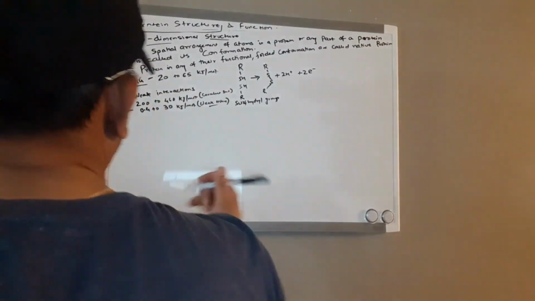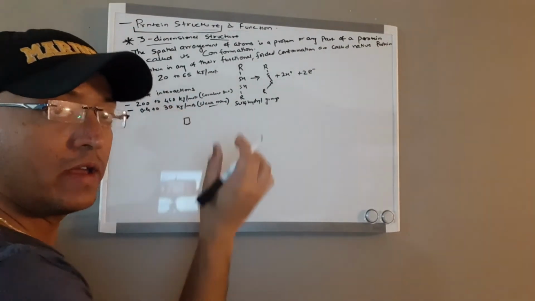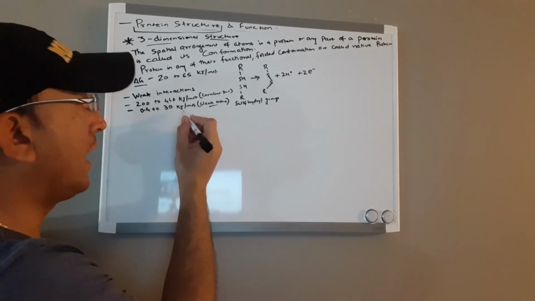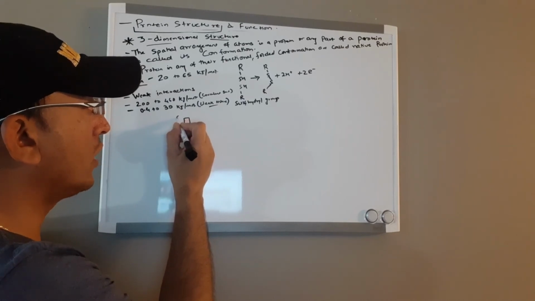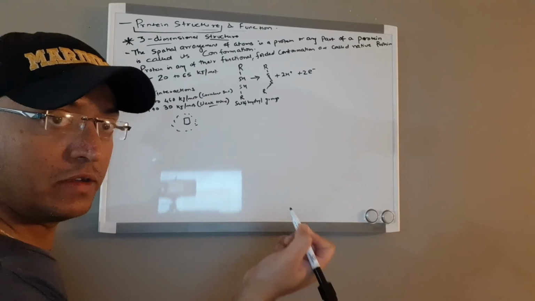Like, for example, when there is a hydrophobic part or a hydrophobic protein in the water, the water will form hydrogen bonds around it.